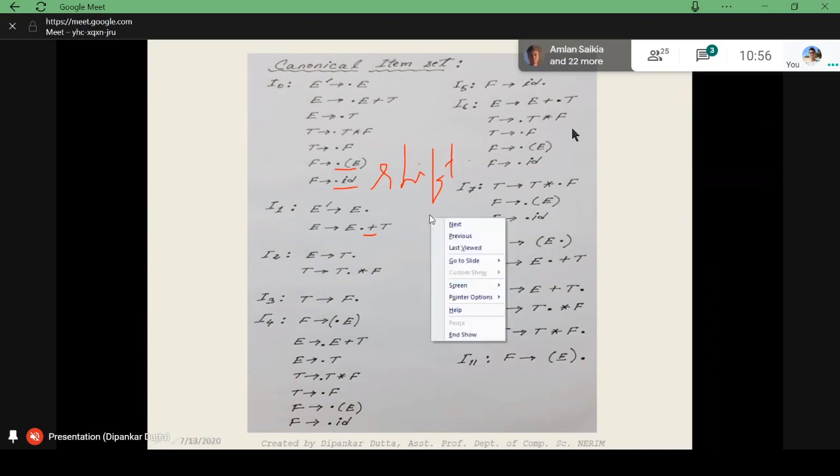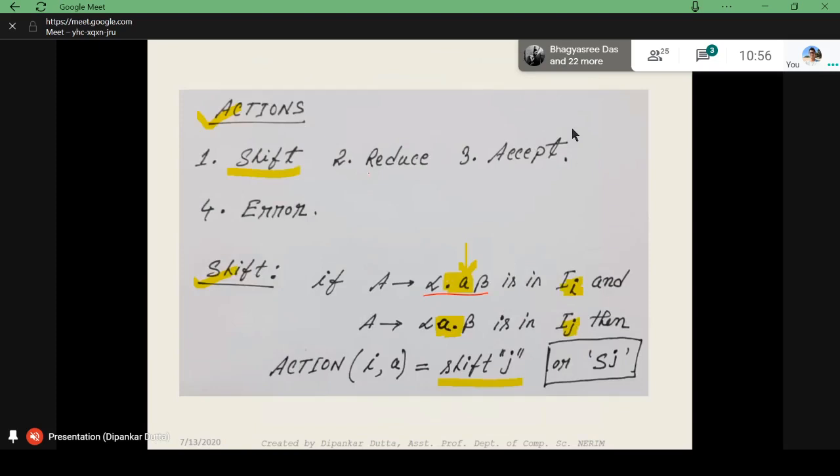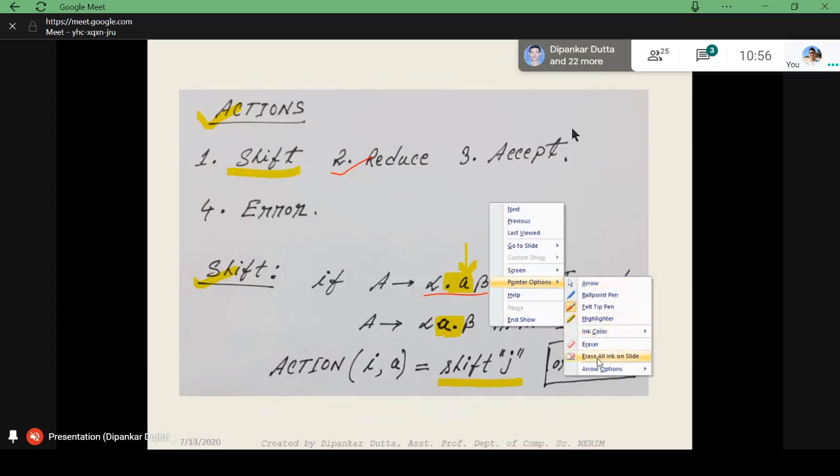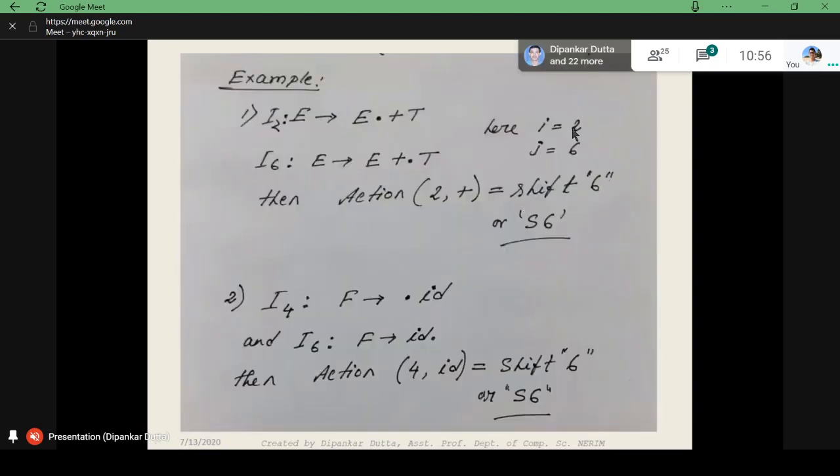Now come to the next category, and it will be the reduce. So what is reduce? These are the examples of shift, which we have already discussed.